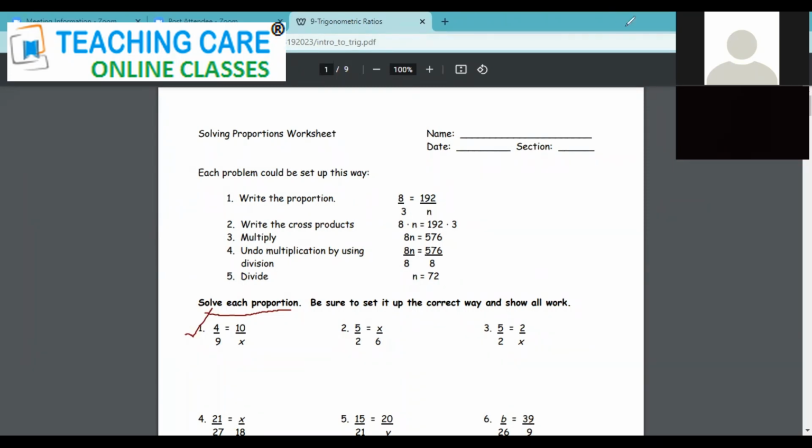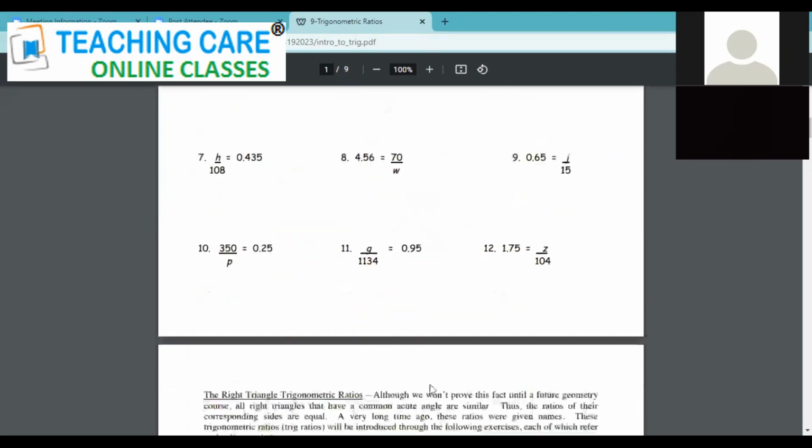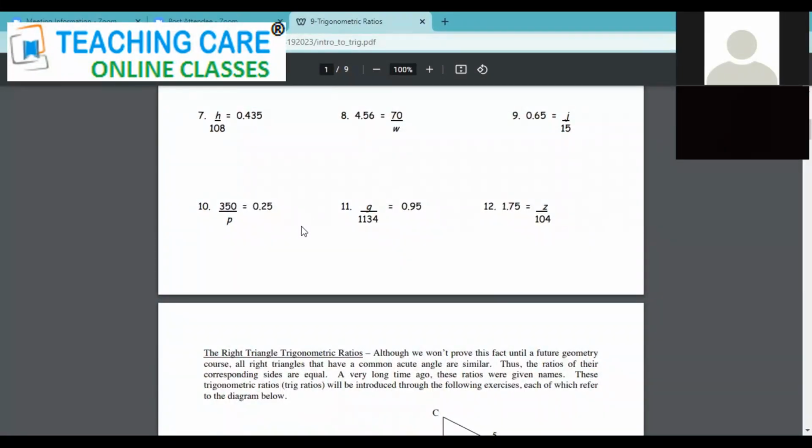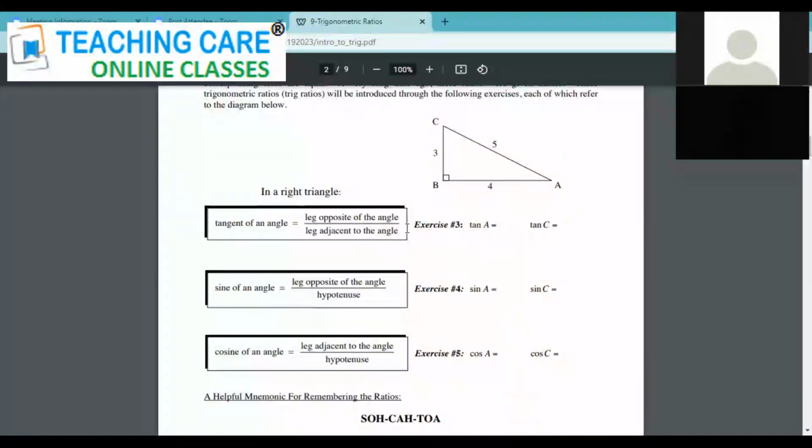This type you will be able to solve. Why this is given is that when you are solving trigonometric ratios, it will be easy for you. Now, can you find what is tangent of A for this? They have given the formula also for you.